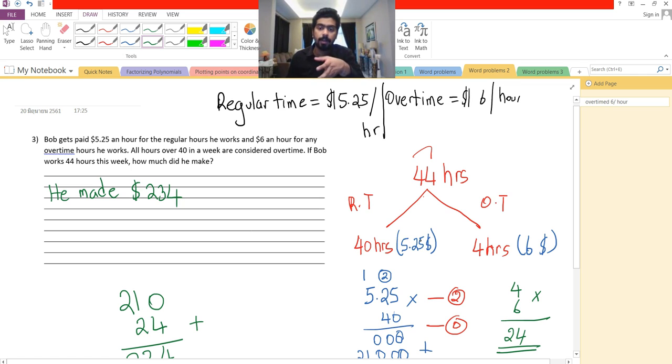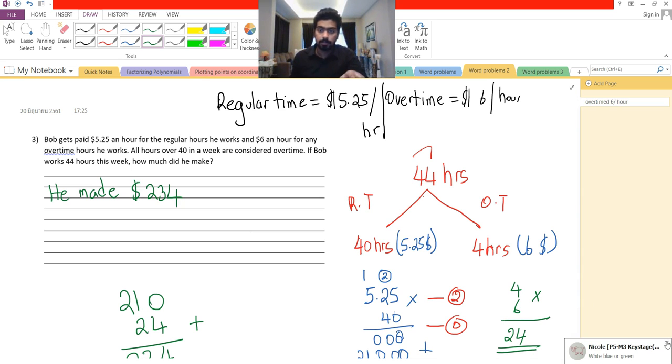We took 5.25, multiplied it by 40. And then for any overtime, he got 4 hours of overtime, and he gets paid $6 for an hour. So we took 4 multiplied by 6, which got us 24. And of course, we added both of them together. 210 plus 24 gave us $234.